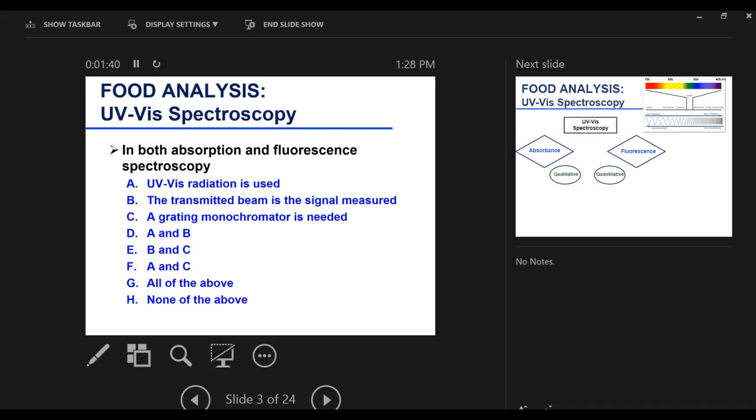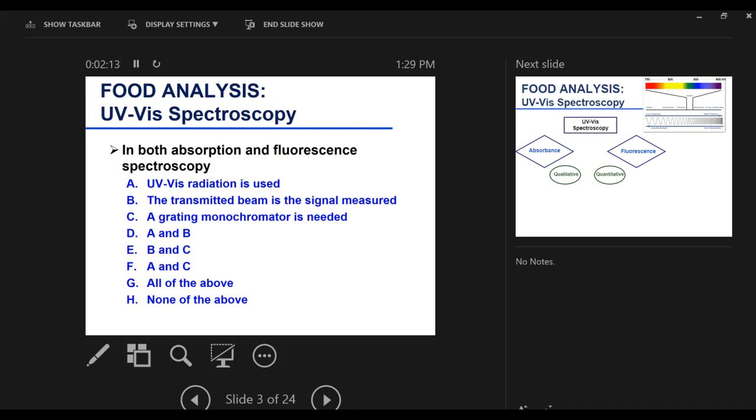In both absorption and fluorescence spectroscopy, A for sure. B is not, and we'll learn about that because there is no linear relationship between the transmission of light and the concentration.